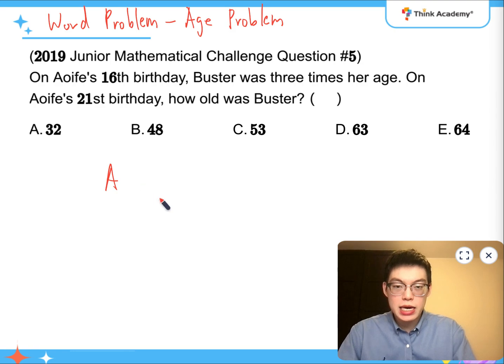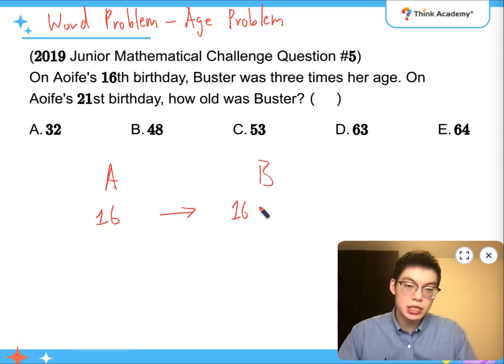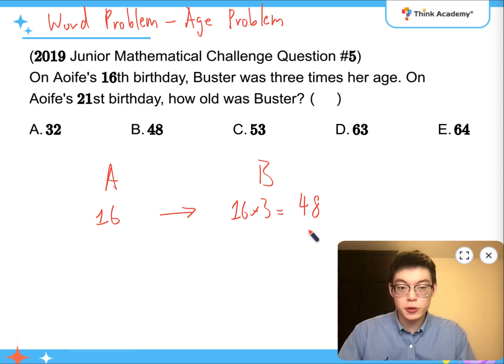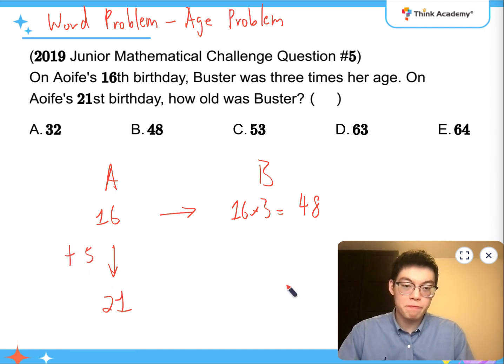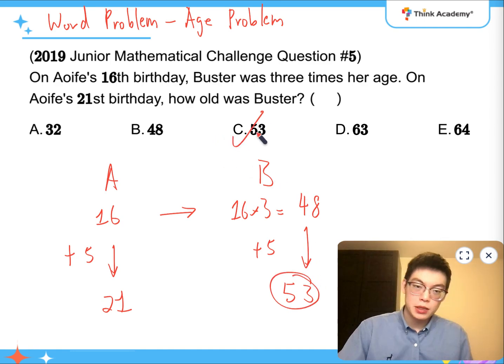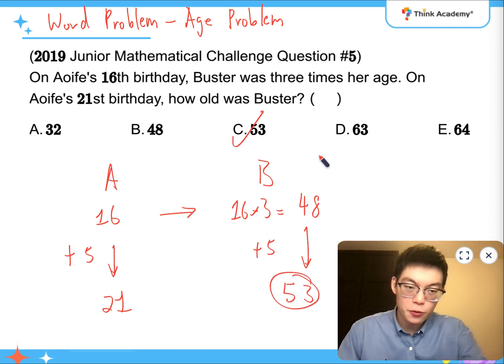So let's say A and B. When A is 16, B is 16 times 3, which is 48 years old. And when Alfie is 21, it means that 5 years have passed, which means that 5 years has also passed for Buster. And Buster is going to be 48 adding 5, that's 53 years old. So the answer is going to be C for question 5.